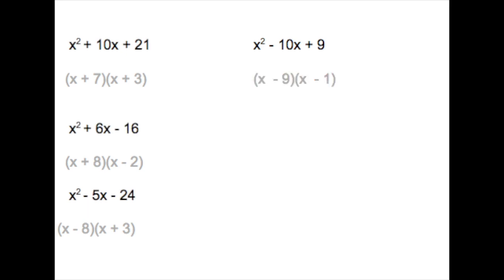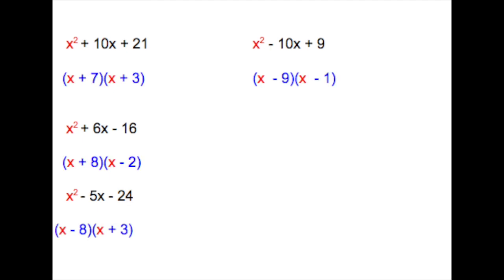Let's do a quick recap and look at all the different quadratic expressions we factored. All of them were quadratic expressions because they were in the form ax squared plus bx plus c. All of these expressions had an a value of 1, so we do not actually see it, we just see x squared.